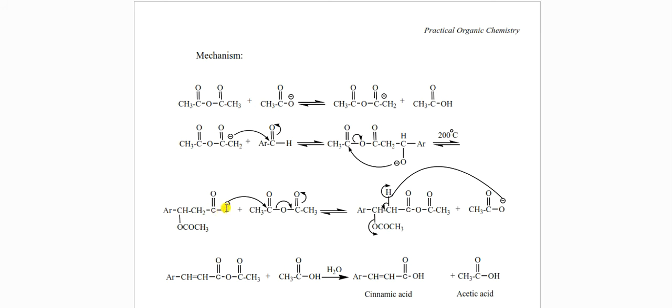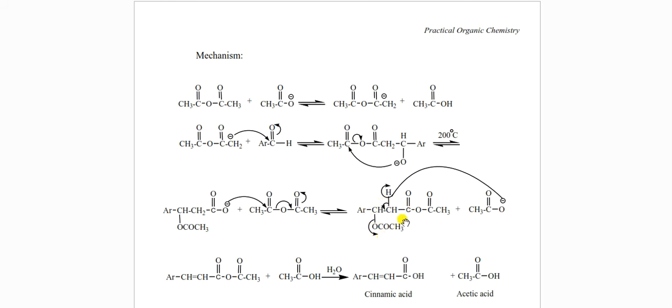Now this intermediate contains a negative charge, and we have 2 moles of acetic anhydride, as we use 7 ml of acetic anhydride. So the negative charge on this part will attack the partially positive carbonyl carbon in acetic anhydride, and this part is a good leaving group, so this will move to give this intermediate.